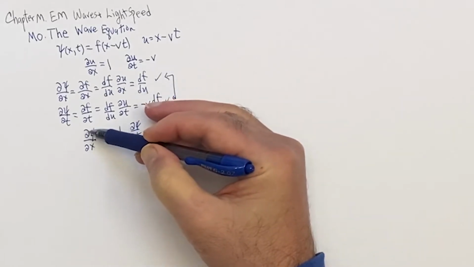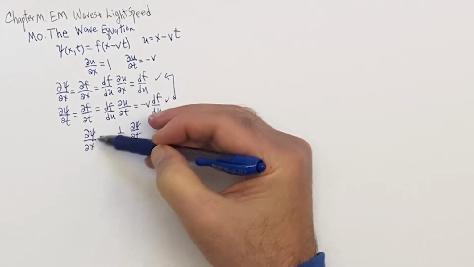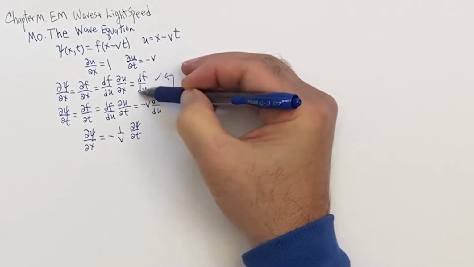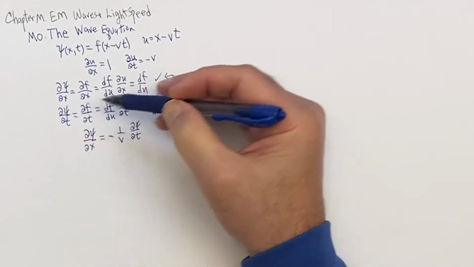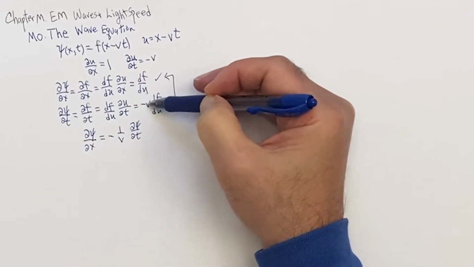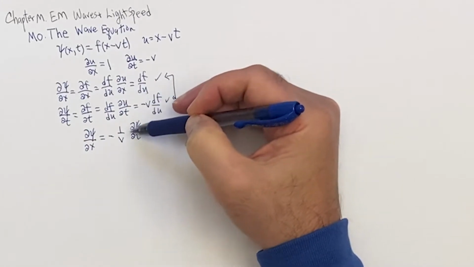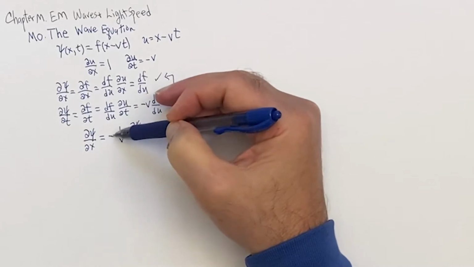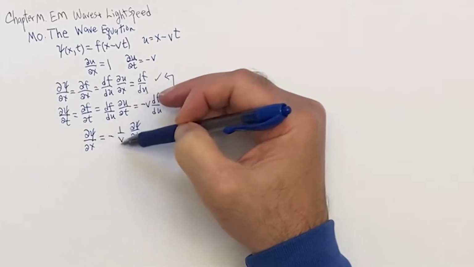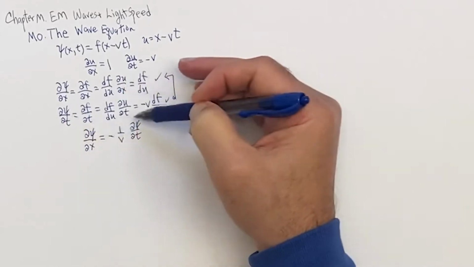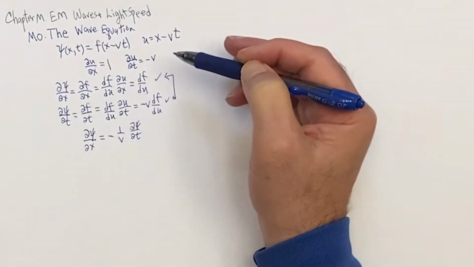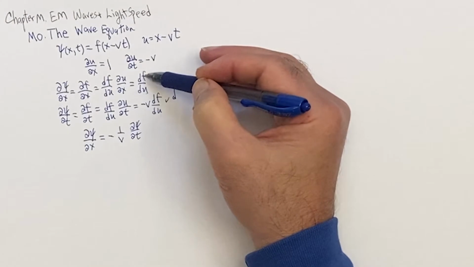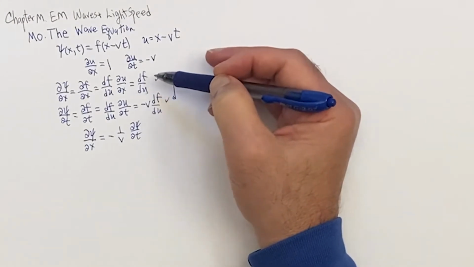The partial of psi with respect to x is df/du. The partial of psi with respect to t is df/du with this extra minus v in front of it. So if I divide by that minus v in front of it, then I will make this side equal to the left side. So both of these sides now are going to be equal to df/du.